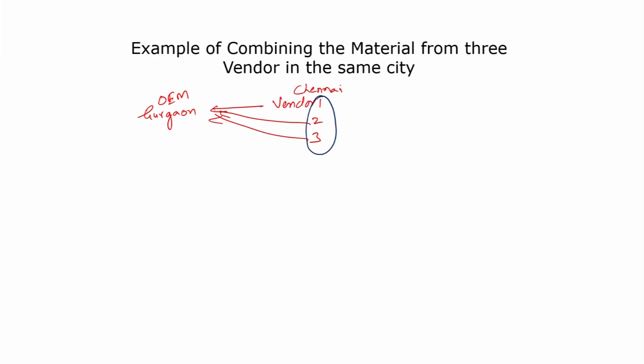So, you can weigh the advantage in reduction of inventory vis-a-vis a small increase in transportation cost, and take a decision whether these 3 vendors' material can be brought together at the OEM place, rather than all 3 sending their independent trucks. So, this kind of thinking we can have, rather than treating the items independently, vis-a-vis treating the items together.